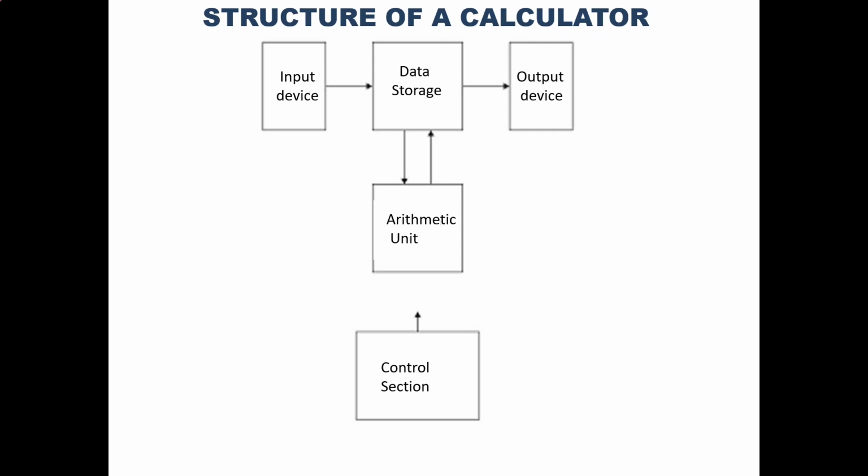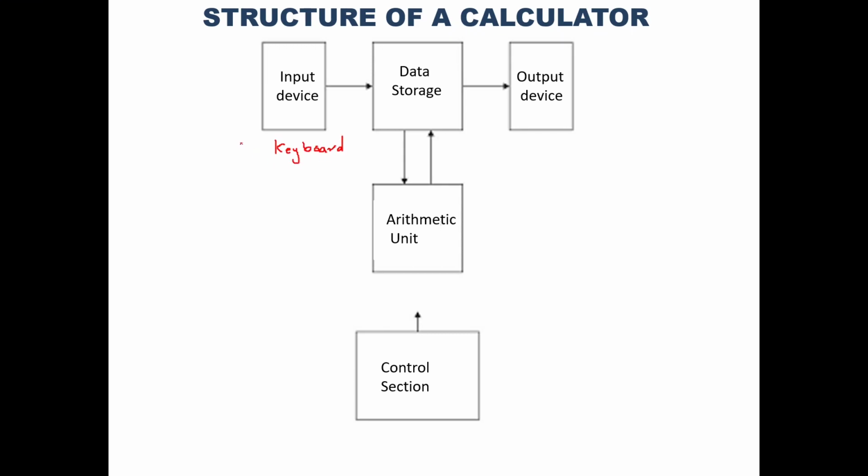Once you press any key, that number will be stored in the memory of the calculator as an operand, which can be used further in the arithmetic unit. Here, the most commonly used input device is the keyboard.